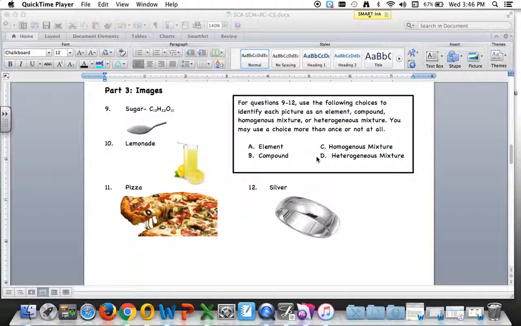You may use a choice more than once or not at all. 9 is sugar, C12H22O11. 10, lemonade. 11, pizza. 12, silver.